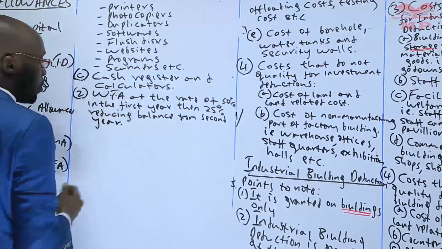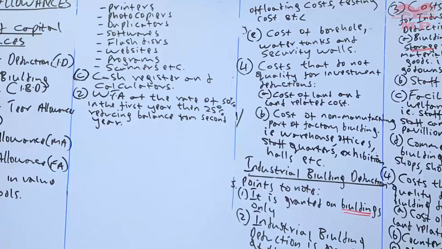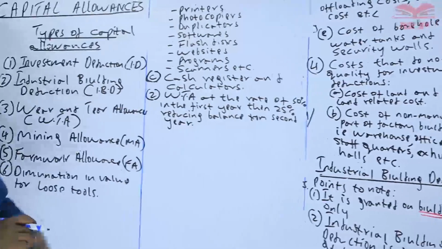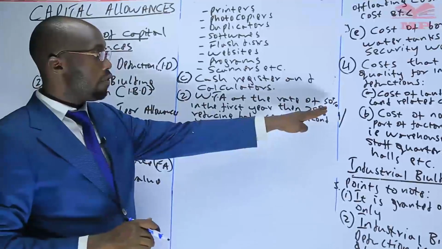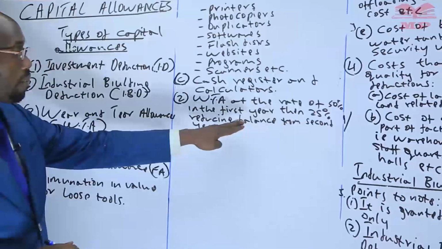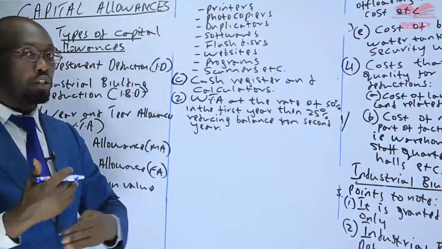So under this rate, what we are saying, the items that qualify for this wear and tear allowance, we give them first year 50%, then from the second year 25%, but on a reducing balance.